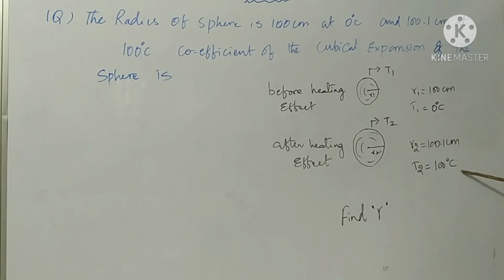The temperature is rising from 0 to 100 degrees centigrade, and the radius increases from 100 centimeters to 100.1 centimeters. So we have to find the gamma value, the coefficient of cubical expansion.